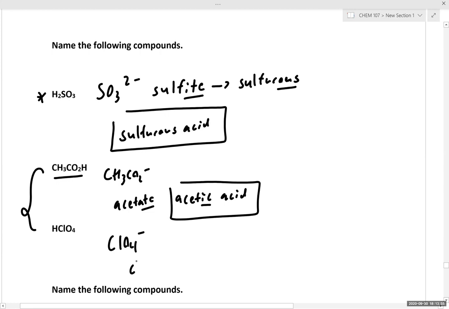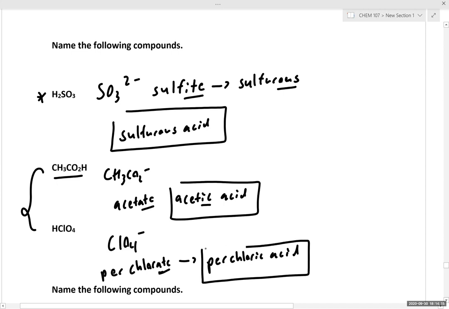Likewise, ClO4 is known as perchlorate, and the ATE ending, once again, is changed to IC. So perchlorate turns into perchloric acid. Do these examples make sense?